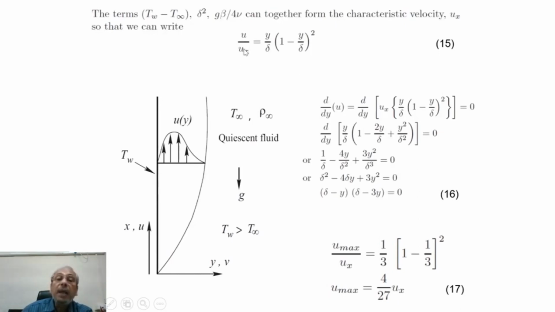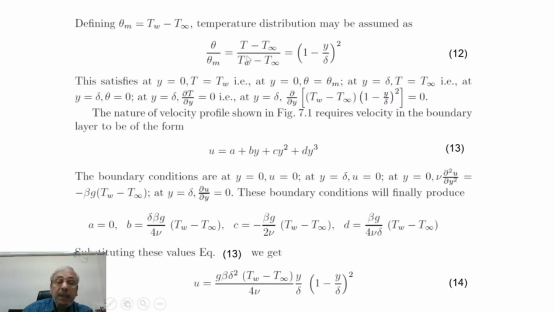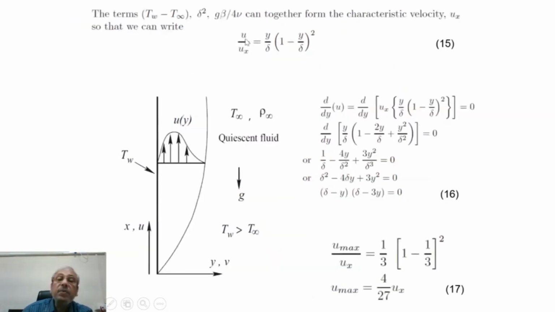So u by Ux equal to y by delta times (1 minus y by delta) squared. We simply summarize these terms as Ux and write u by Ux equal to y by delta (1 minus y by delta) squared. So this is basically the velocity profile.